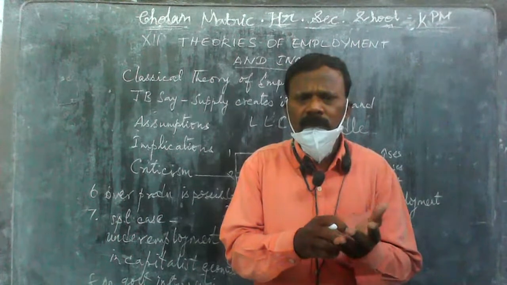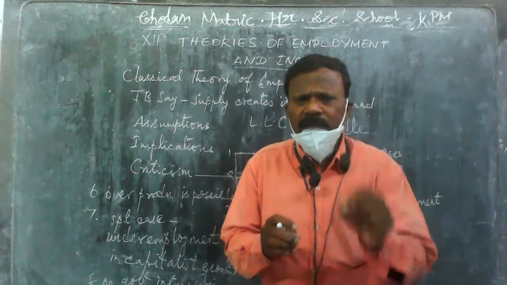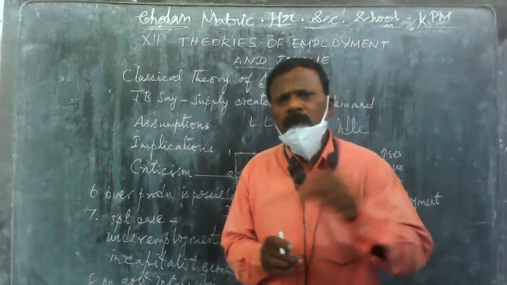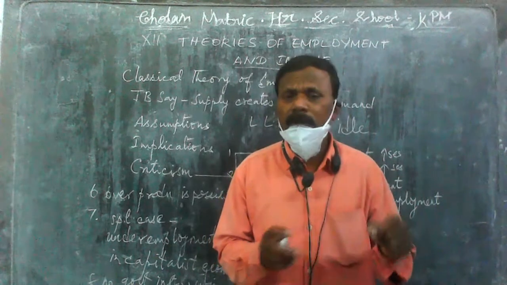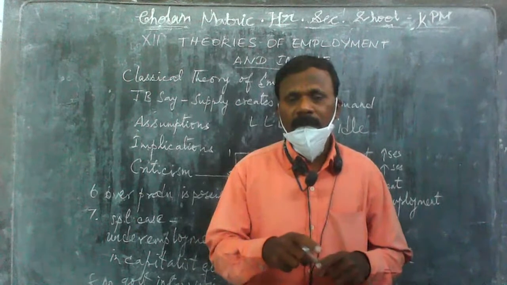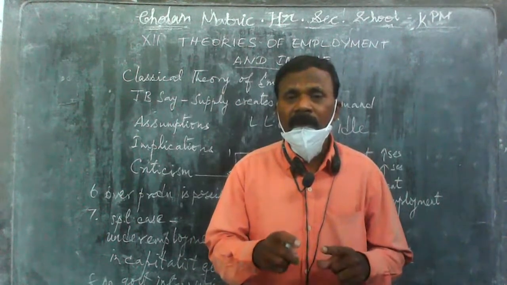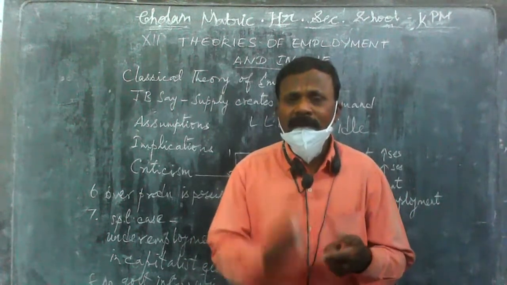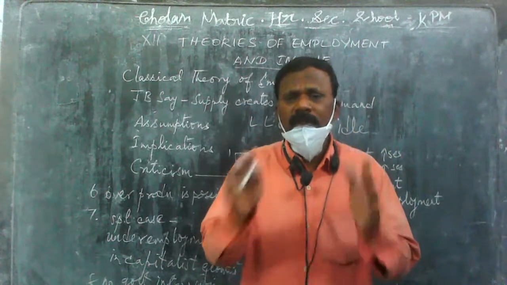So this is the first criticism put forth by J.M. Keynes. That means what? Supply does not create its demand. Why? Demand does not increase as much as production increases.